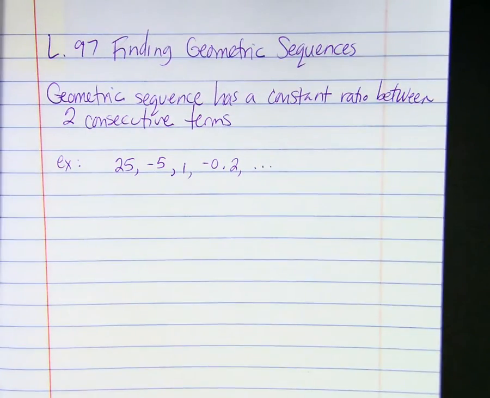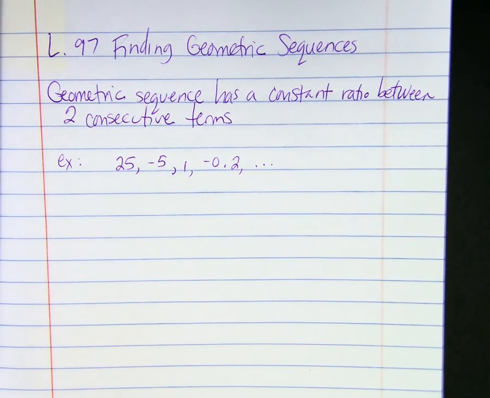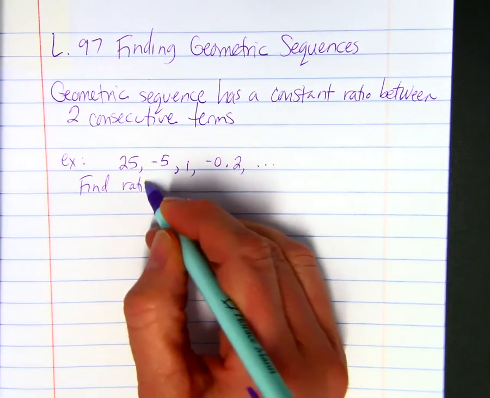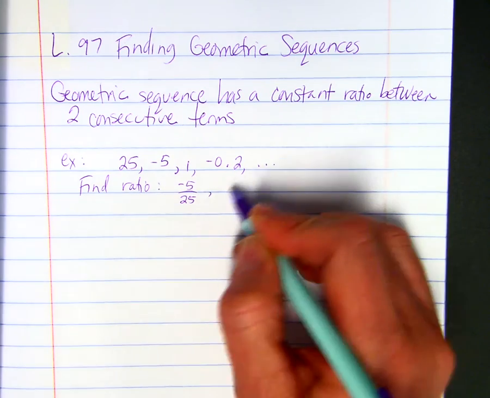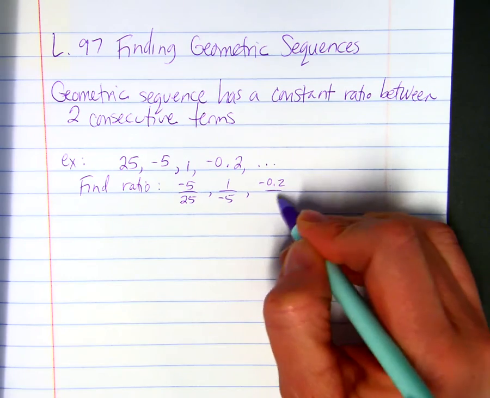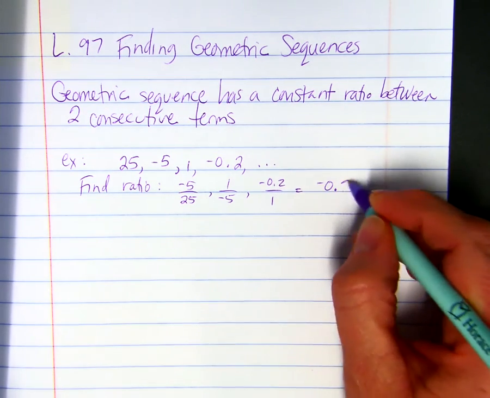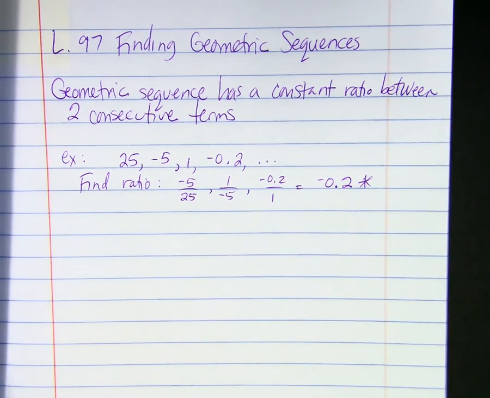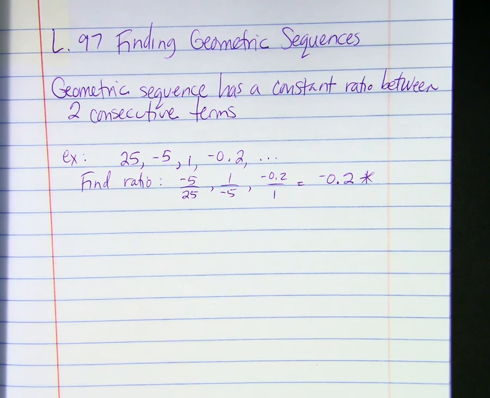If I want to find the ratio, I could do -5 over 25, or I could do 1 over -5, or I could do -0.2 over 1, which is just -0.2. That's the ratio. So if I multiply each number by -2/10 or -1/5, I will get the next term.